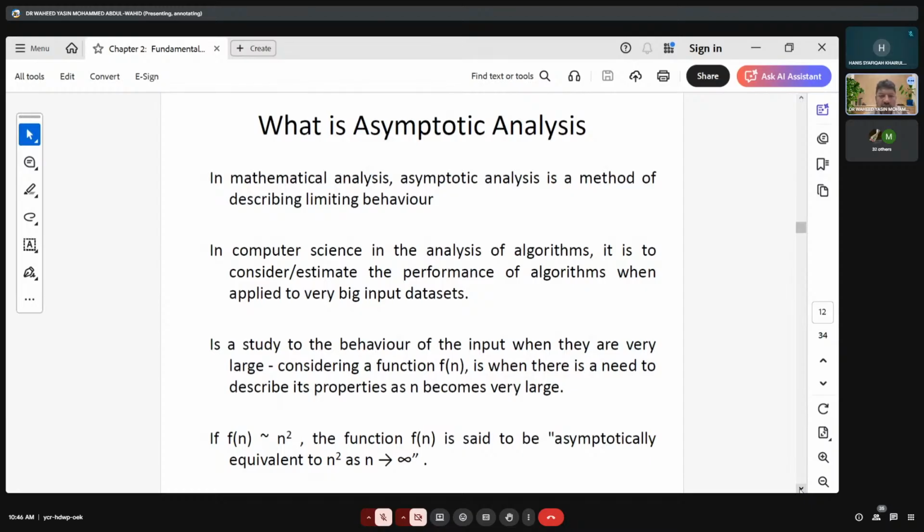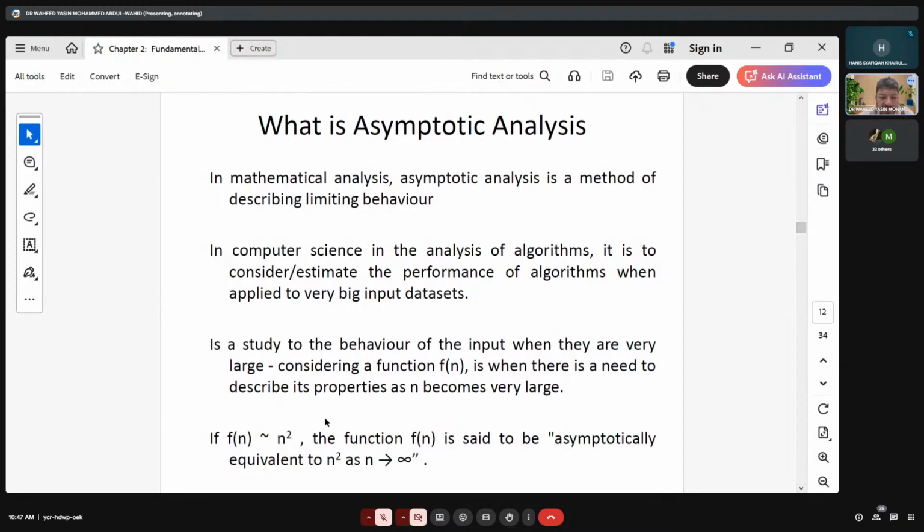It is a study of the behavior of the input when they are very large, considering a function f(n), when there is a need to describe its properties as n becomes very large.